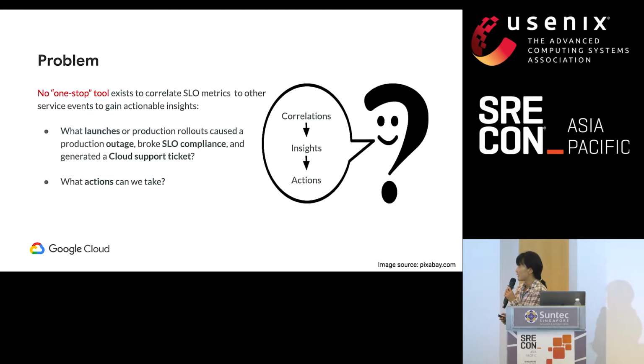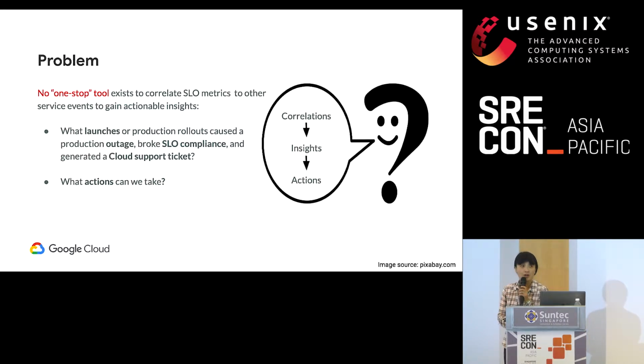However, we don't have one-stop tool to correlate the SLO metrics with other production data. For example, we want to find out what launches or production rollout events have triggered outages, have caused SLO violations, and generated customer support tickets.